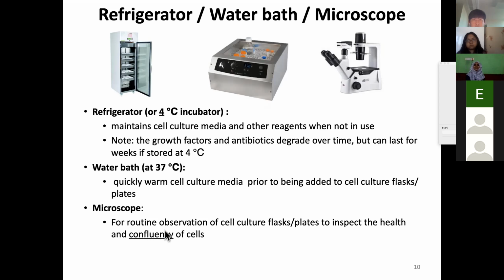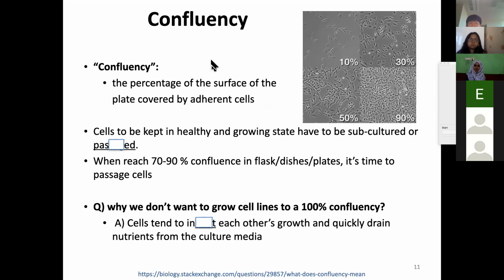Confluency. Okay, yeah, confluency of cells. This is a terminology you have to know when you are performing cell culture. The reason is, this is an example. Let's say when you have plated your cells initially at 10%, if you add growth factor together, they will grow in number, okay?